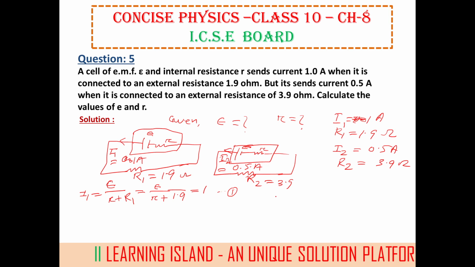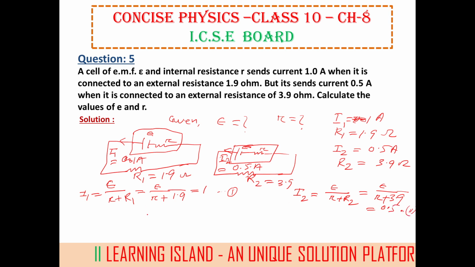From the second case we are getting I2 equal to epsilon E by r plus R2. So this will give E by small r plus 3.9, and this is equal to 0.5. This is equation number 2.